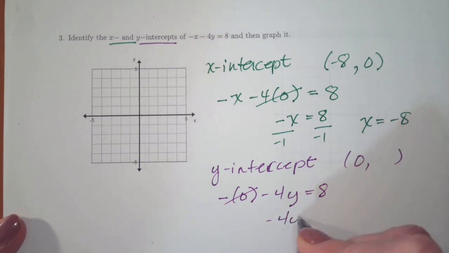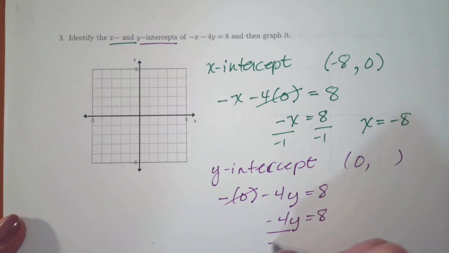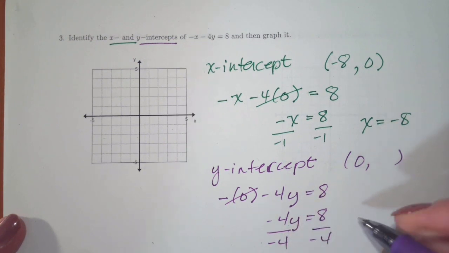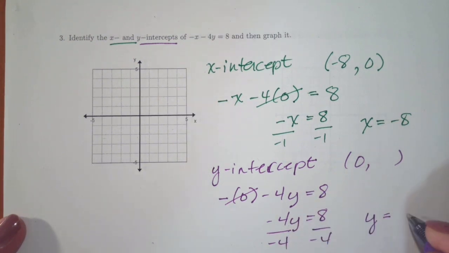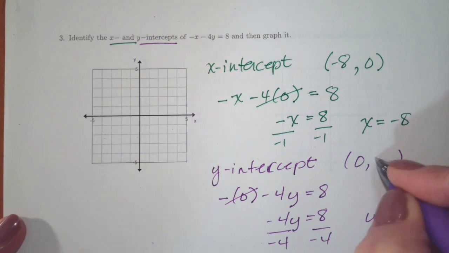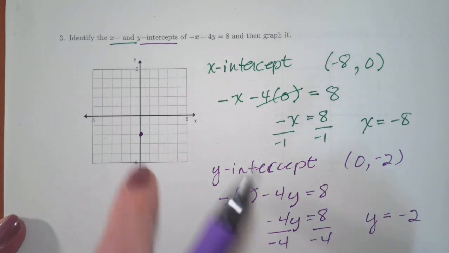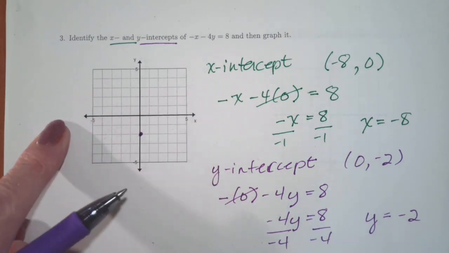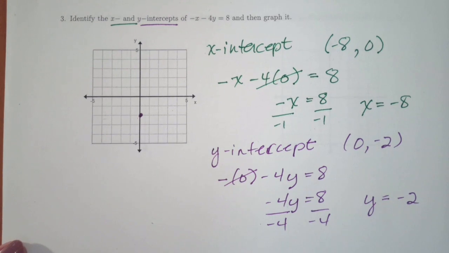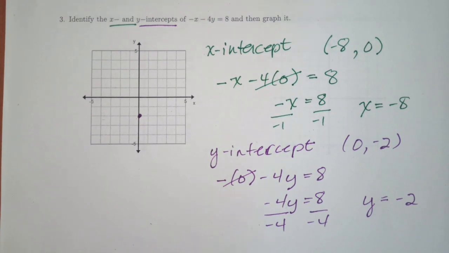So that gives me negative 4y is equal to 8. When I divide by negative 4, I get y equals negative 2. Okay. So (0, -2) I can graph easily, but (-8, 0) is over here off my grid. So I may want to find a different way to do it.